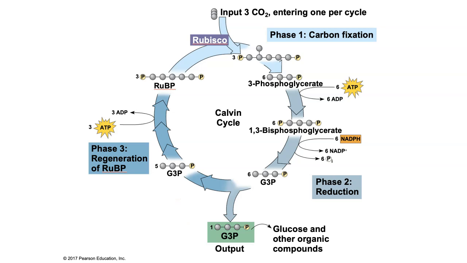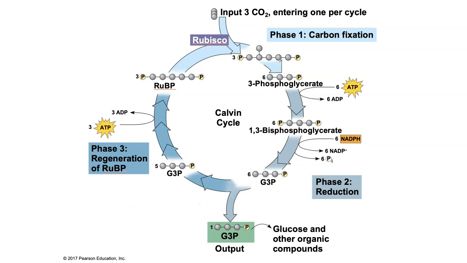There will eventually be the creation of G3P, but the efficiency is decreased by 25% when a plant is going through photorespiration. Now, because this process is using some of our energy, and it takes a lot to create this energy, and now we're utilizing it without creating a sugar, without creating more energy.